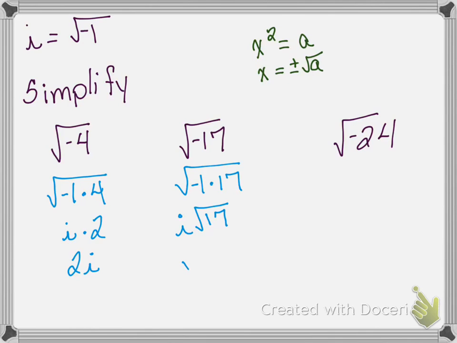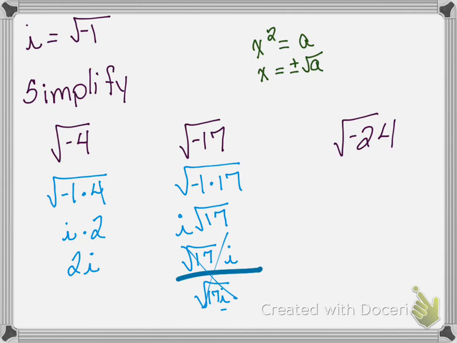Some people in some books will write square root of 17 i. I do not like this way. I would prefer you not to write it that way. While this is correct, what students end up doing is they end up doing it like this. What's the difference between those two? i is under the square root on the bottom one, and you don't want that.